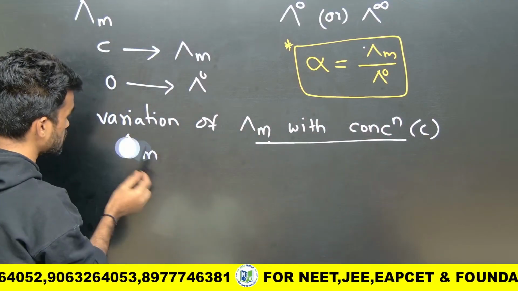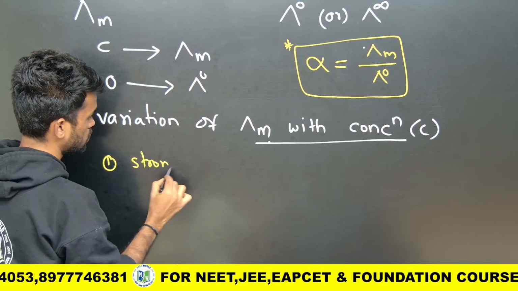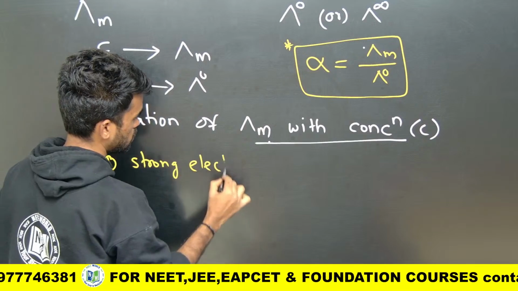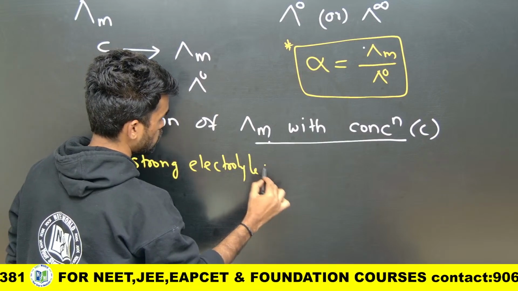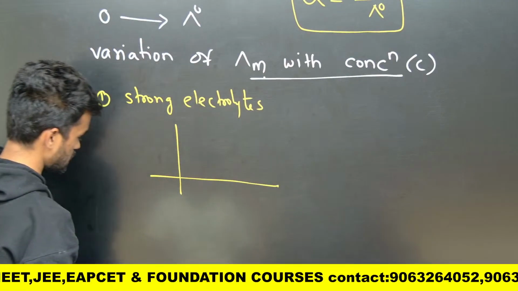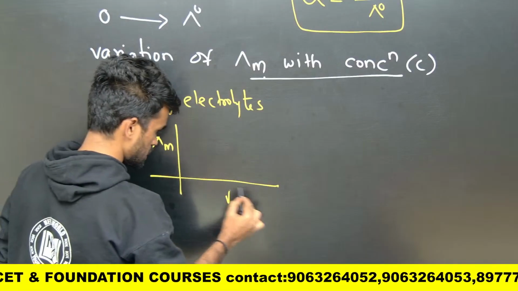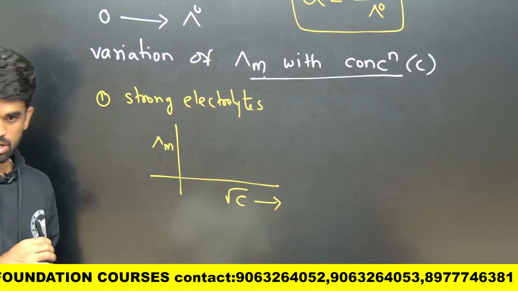So while drawing this, let us first take for strong electrolytes. So on y-axis I am taking molar conductance, on x-axis I am taking concentration.